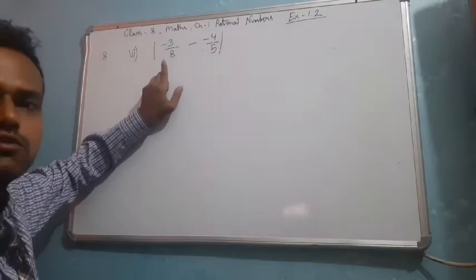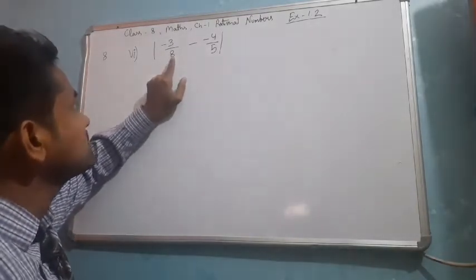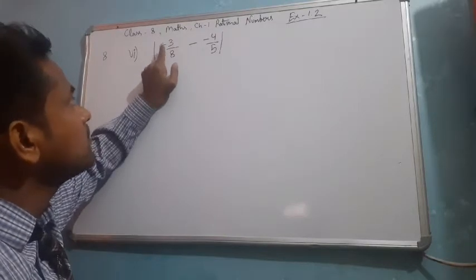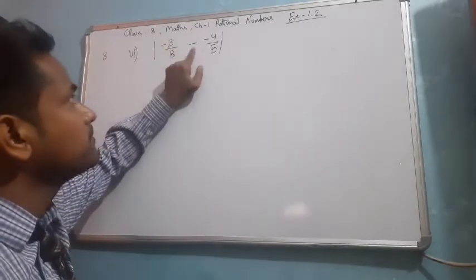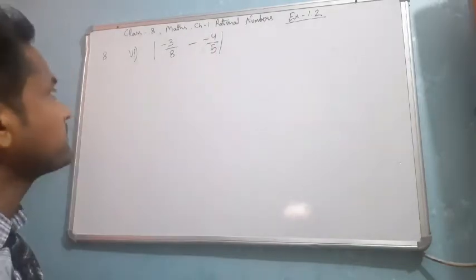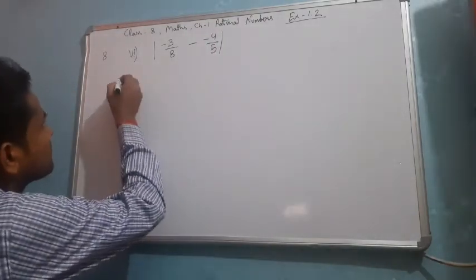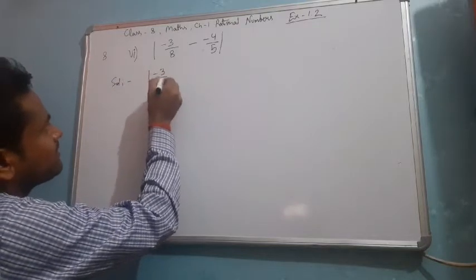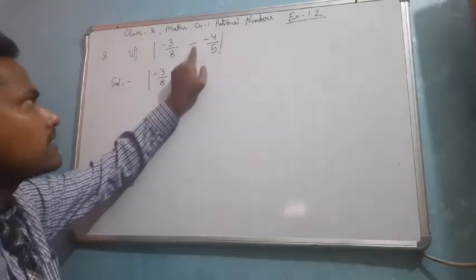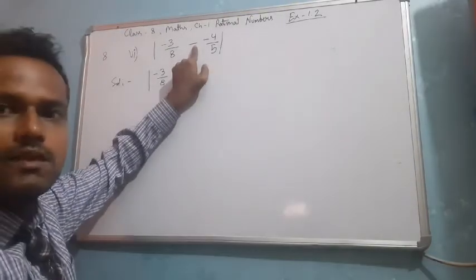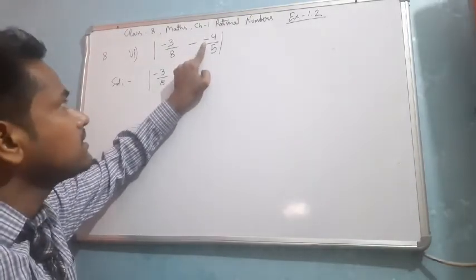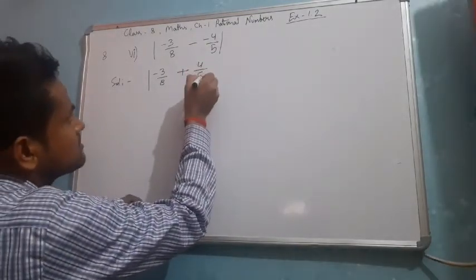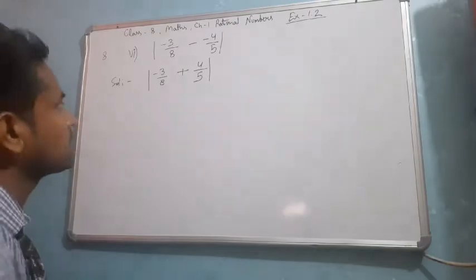Now the last part of question number 8 is in mod, minus 3 by 8 minus 4 by 5. Minus 3 by 8. You know, minus multiplied by minus will give plus. That means 4 by 5.